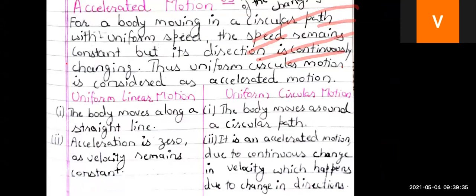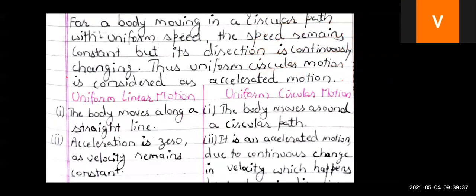Right. In linear motion, the object is going to move on a straight path, a straight line path, right? In circular motion, the object is going to move on a circular path, right? Now, if it is uniform linear motion, the direction is constant because the object is moving on a straight path, and the speed is uniform, so speed is not changing.